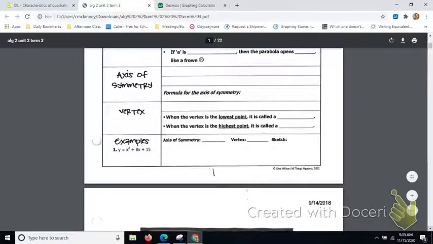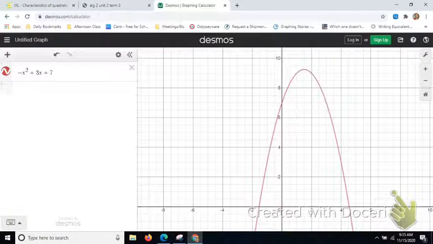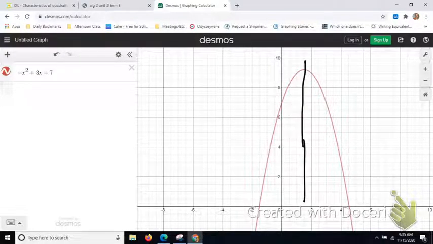So each parabola is going to be symmetrical. And so let me show you quickly here. That last one we just did, this is an exact graph of that. And if I would draw a line down through the vertex, meaning the turning point, then I should be able to fold the parabola in half, and each side is the same.